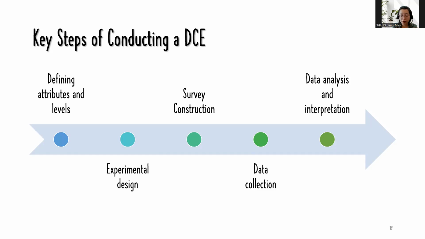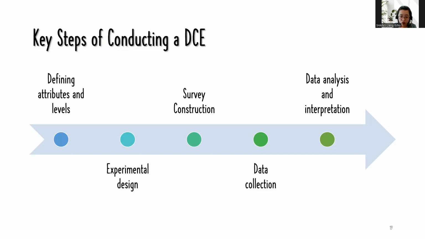And after we have the efficient design, we can convert our design into a survey or questionnaire format. Because as you remember, we talked about how discrete choice experiments are an attribute-based survey measure of value. So we have to have a survey format in order to proceed with the data collection.